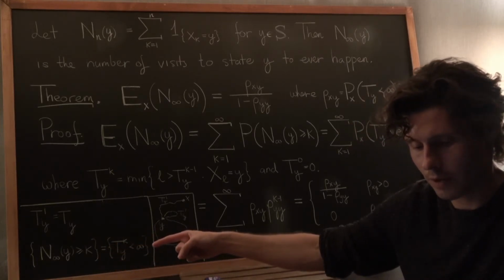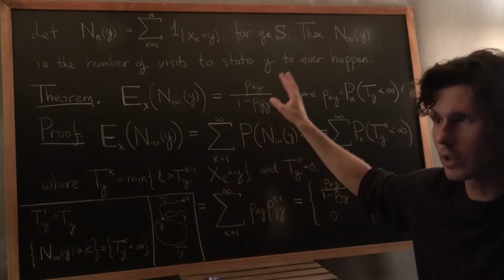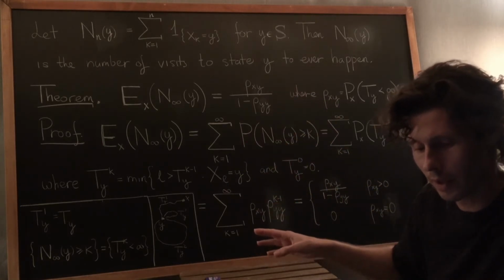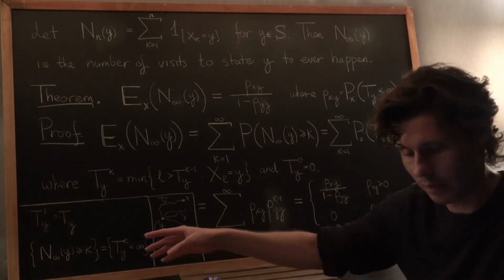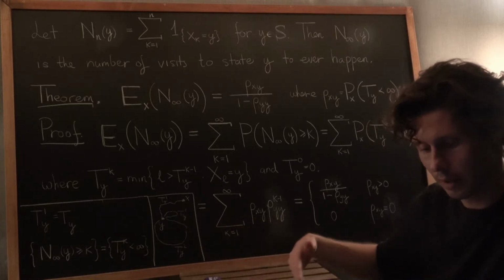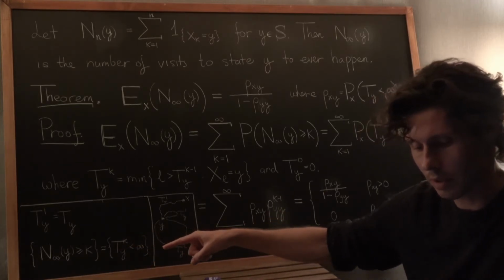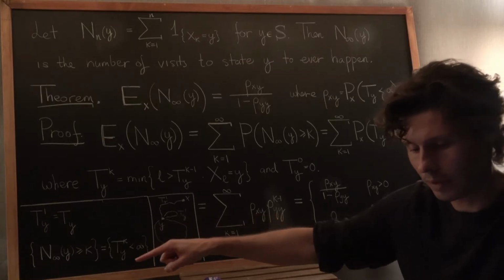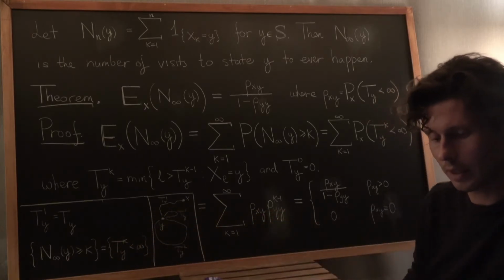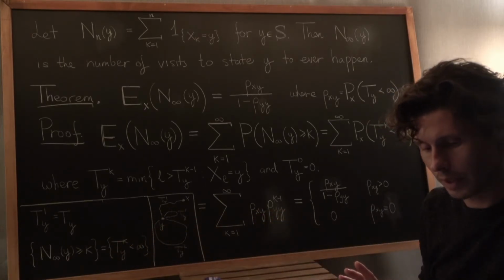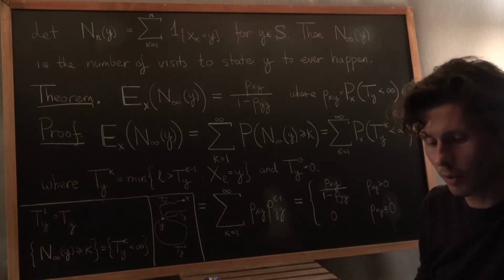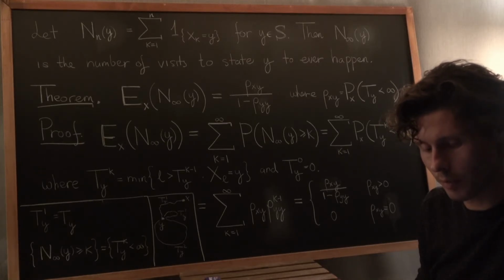Maybe, after the kth visit we've ventured off and never returned to y. That's fine. In that case, N_∞^y is equal to k. But here you have to say greater than or equal to k because all the information we have on this side is the fact that in finite time we visited y precisely k times.